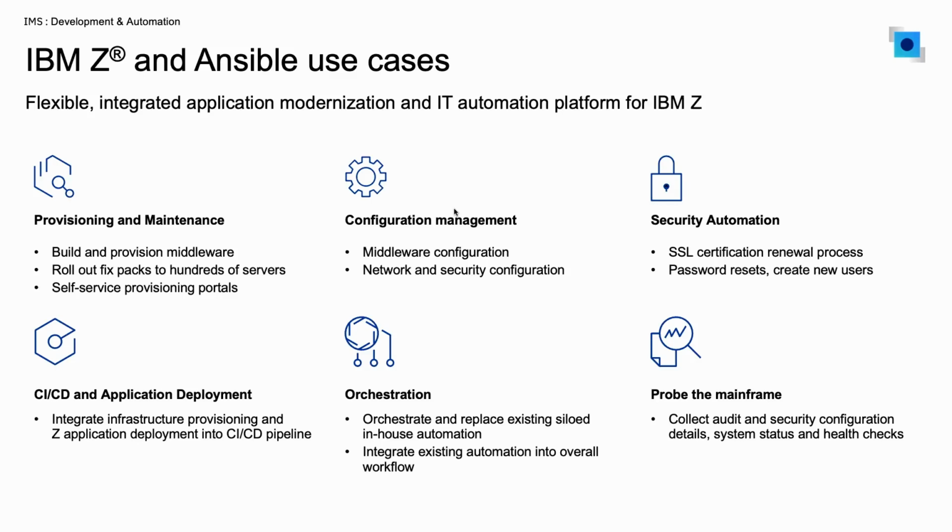Orchestration is another common use case that we see, especially as the first step when customers are getting into Ansible for automating System Z, right? Many of our customers already have a lot of in-house automation that may be based on JCL or REXX, but they are mostly siloed, right?